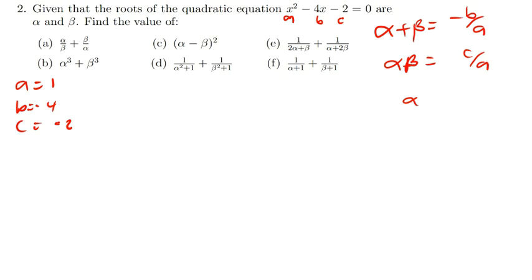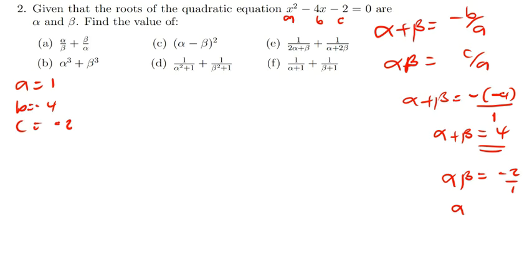So then alpha plus beta is equal to negative b, which is -4, divided by a, which is 1. So therefore alpha plus beta is basically equal to 4. I leave it there. Alpha times beta, c is -2 over 1, so alpha times beta is basically -2.